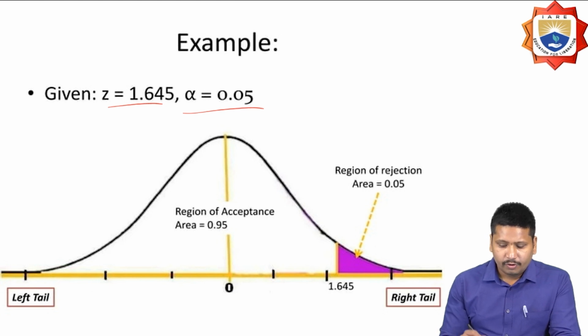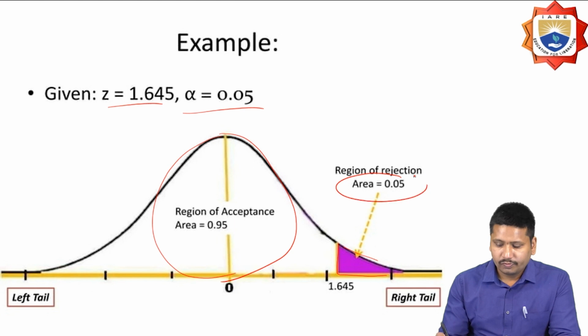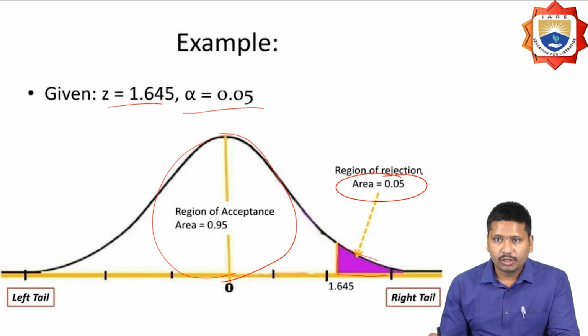So what will happen after constructing this? The entire part should be treated as the region of acceptance, and the part on the right side, the right tail, is the region of rejection. So how much of a region of rejection can you construct?